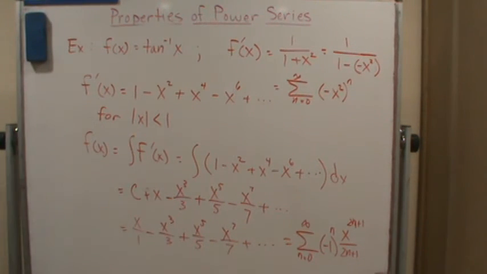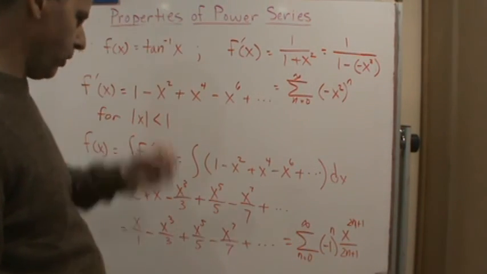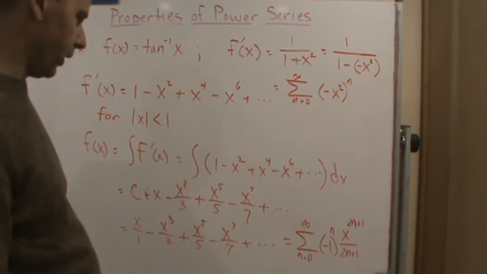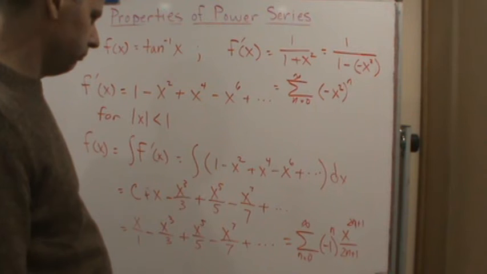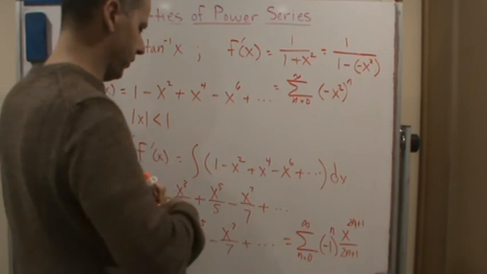We can't really put this in terms of x to the n because we've got the 2n, unlike the last one. So this is it. This will work. Okay, so then this is the final answer.